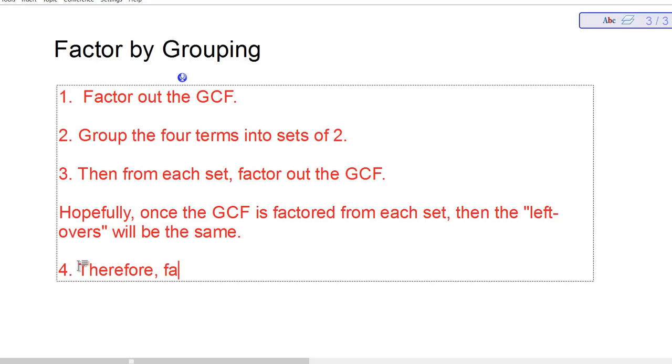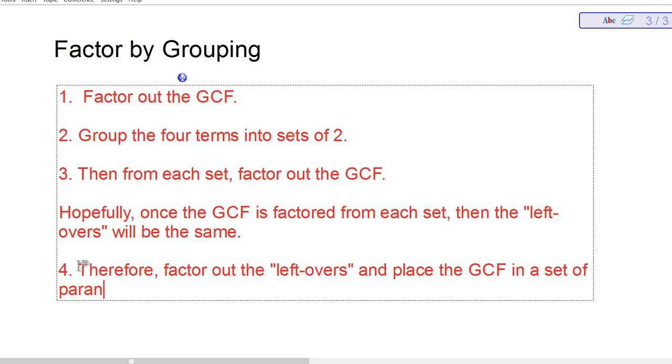Therefore, factor out the leftovers and place the greatest common factors in a set of parentheses by themselves.